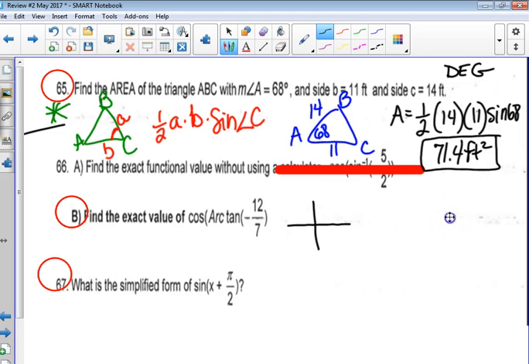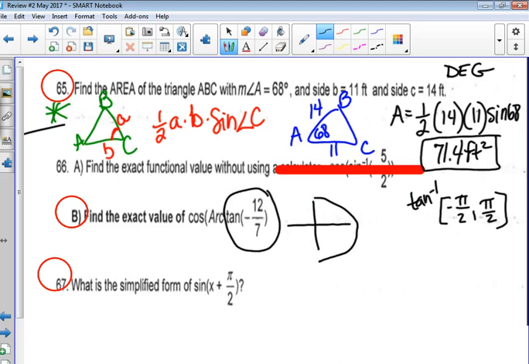Arctangent. On your reference sheet for arctangent, it says the range is negative pi over 2 to positive pi over 2. So what two quadrants can I look in for inverse tangent? 1 and 4. Which one of those would give us a negative 4?